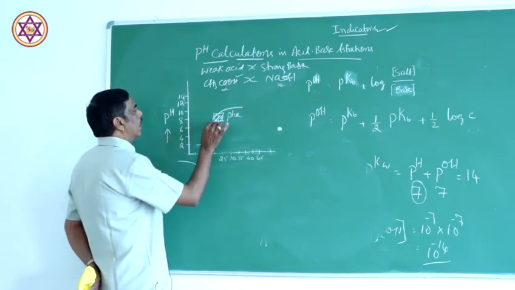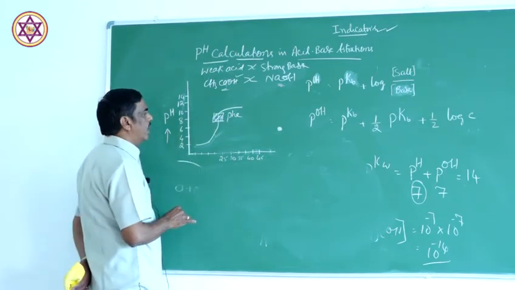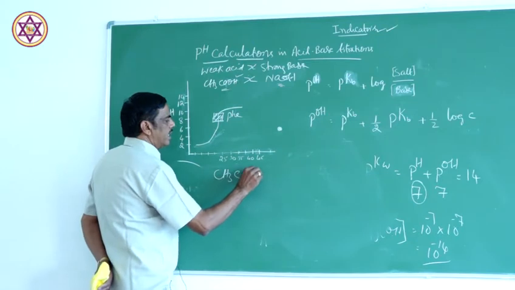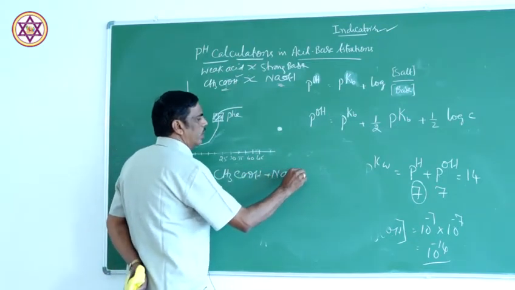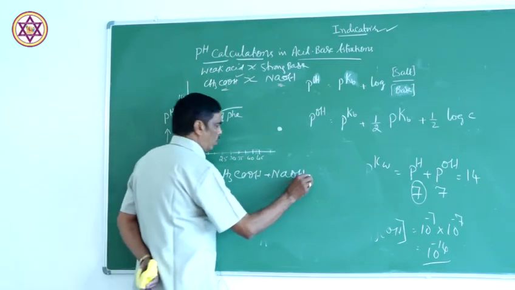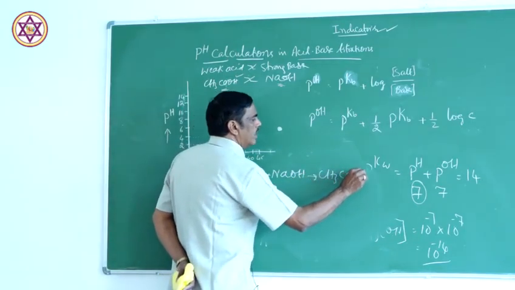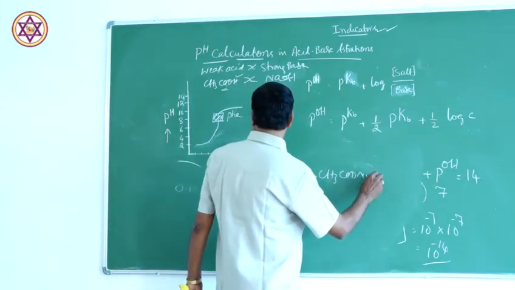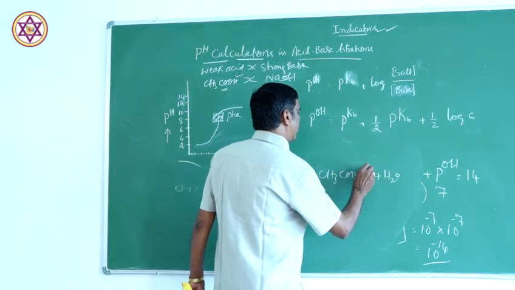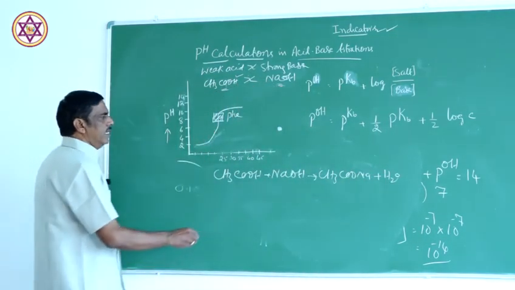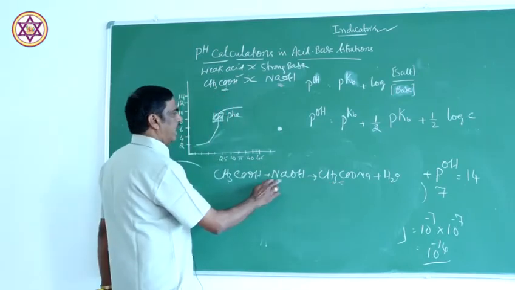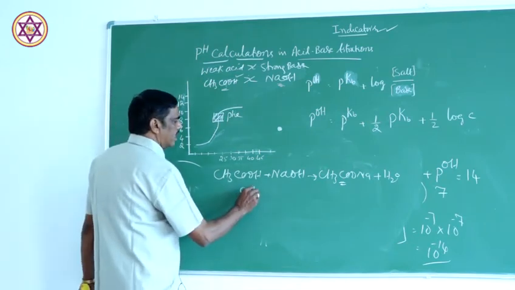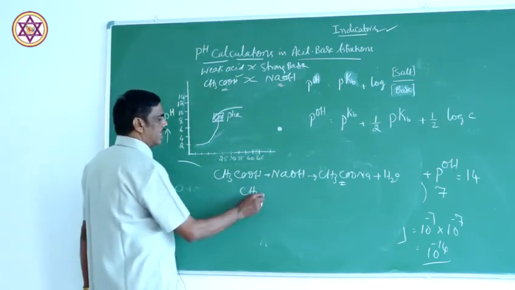Why there is a rise only in this range between 8 to 10, we can see by the reaction. Acetic acid reacts with NaOH during the titration to form sodium acetate and water. The sodium acetate which is formed here undergoes hydrolysis because it is the salt of a weak acid and strong base.